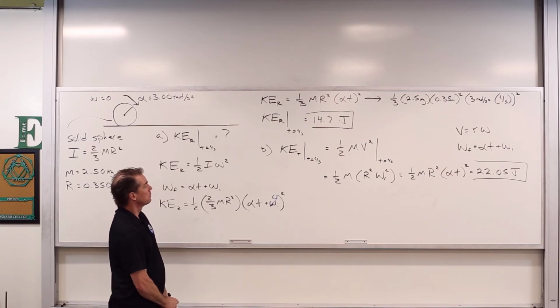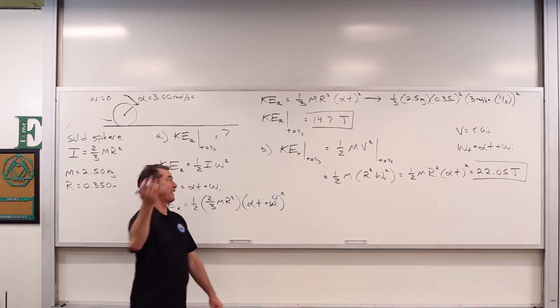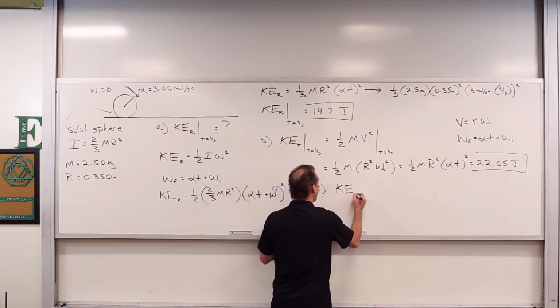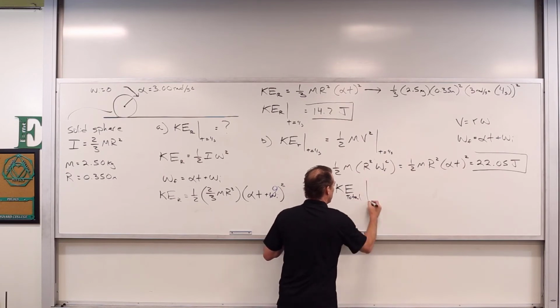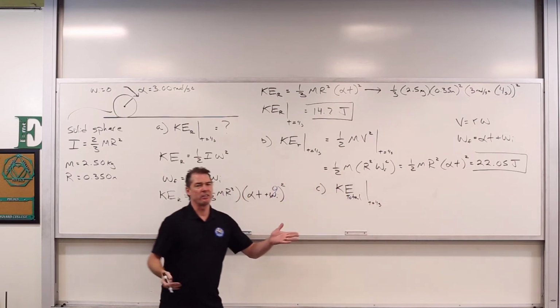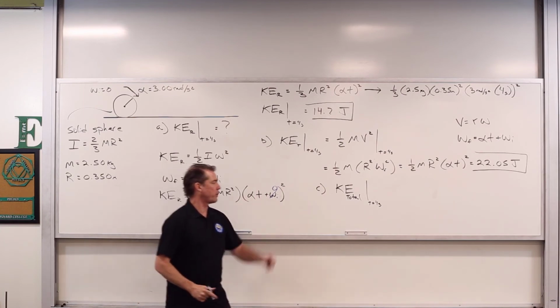So, there we go. We got this. What else can we ask? Hey, how about this? Part C, what is the total kinetic energy at t equals 4 seconds? Well, the total kinetic energy is just the sum of the rotational and translational.